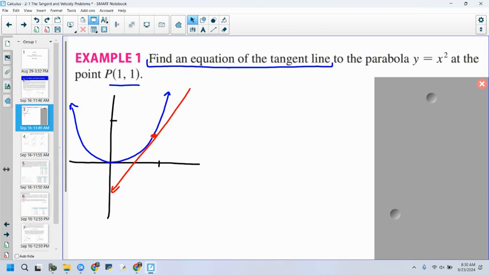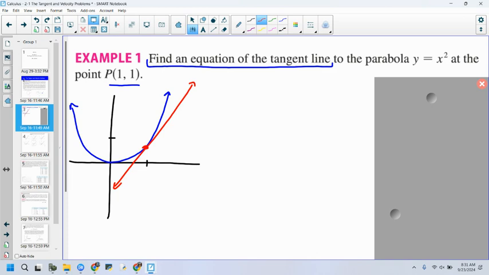I have to bring this down a little bit and bring this over. Sorry, I want to make my picture good so that when I go to explain it, it's okay. Our goal is to find the equation of that line.